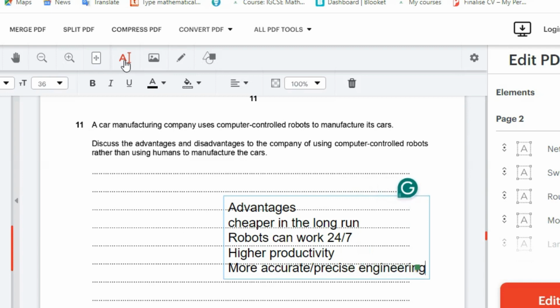So that's why we have more accurate, precise engineering. 5, production of the cars is more consistent.